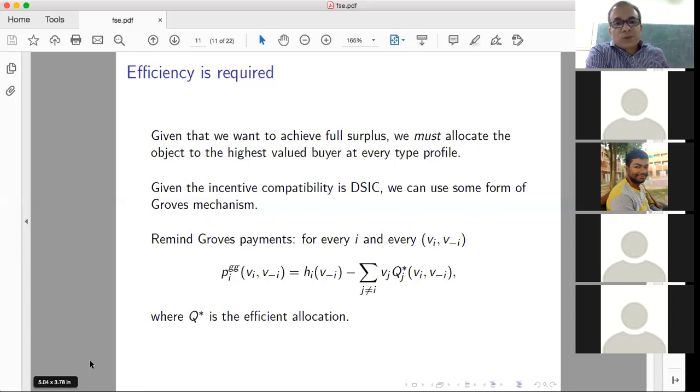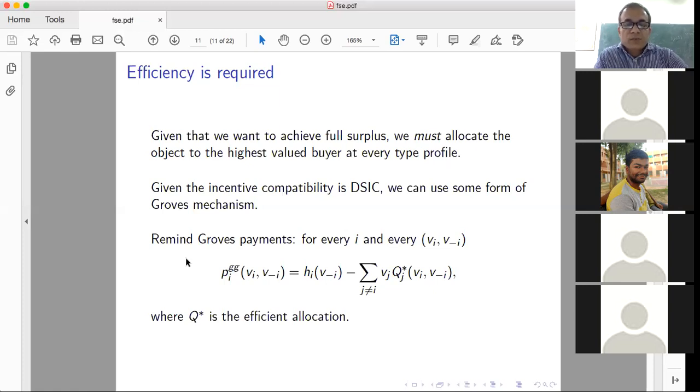And if I'm insisting on DSIC and efficiency, then I have to use some form of a Groves mechanism. This is what we learned earlier. So let's remind ourselves what the Groves payments look like.